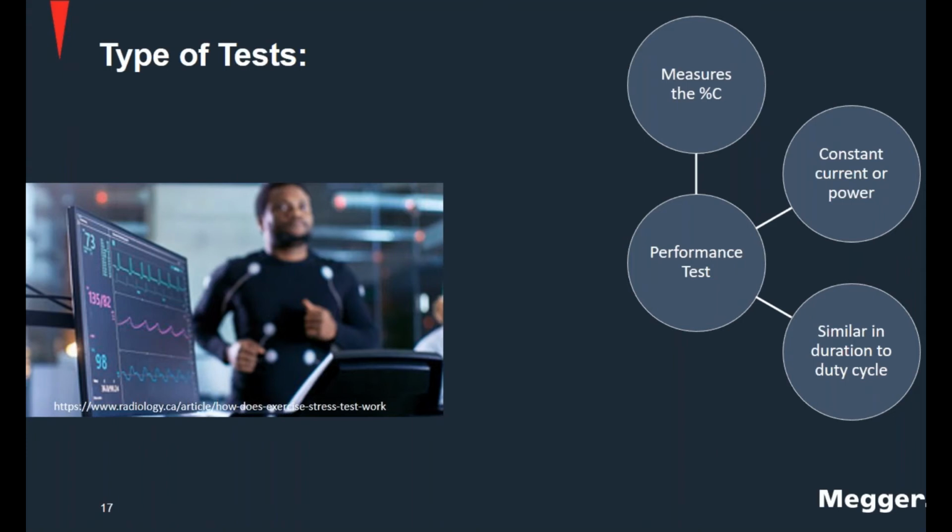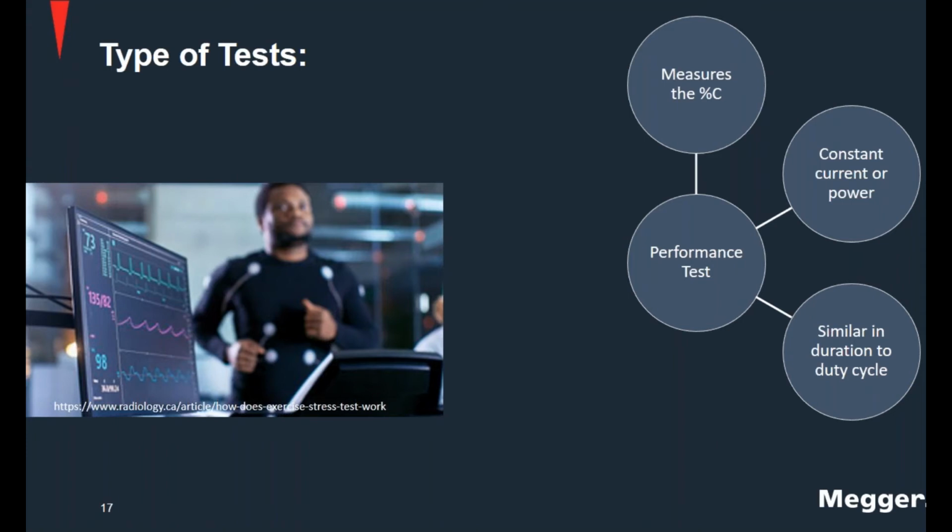In this test, we are not simulating identically those conditions, but at least the whole duration of the test should be what the battery is expected to last or to provide power. And usually it's going to be similar to the acceptance test.